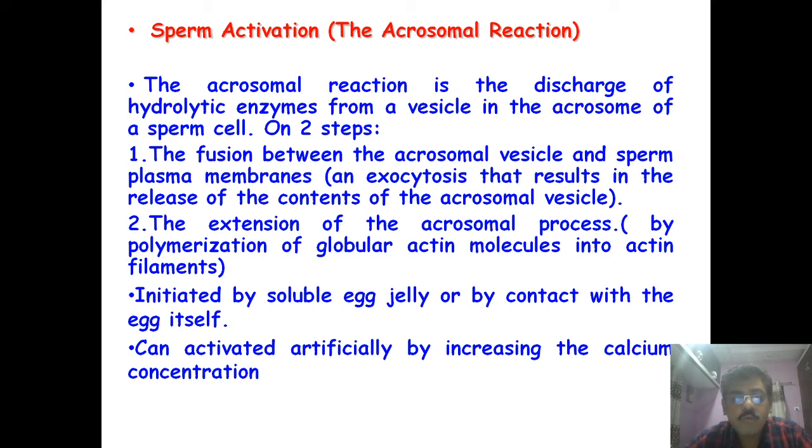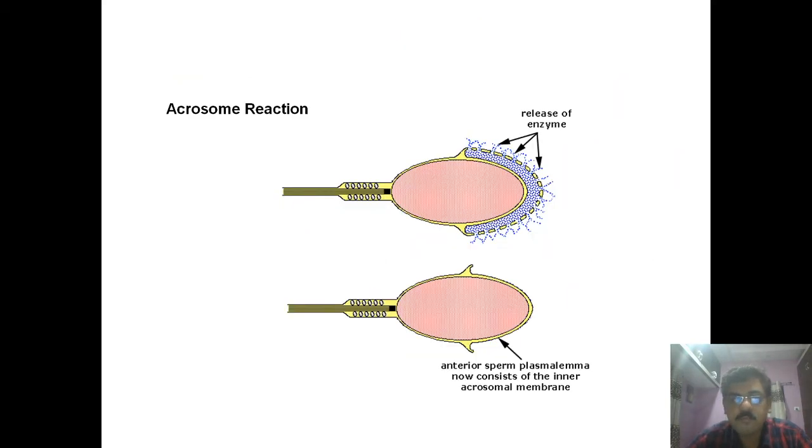It occurs in two steps: the fusion between the acrosomal vesicle and the sperm plasma membrane, and second, the extension of the acrosomal process by polymerization of globular actin molecules into actin filaments, initiated by soluble egg jelly or by contact with the egg itself. And it can be activated artificially by increasing the calcium concentration. This is the acrosomal reaction.